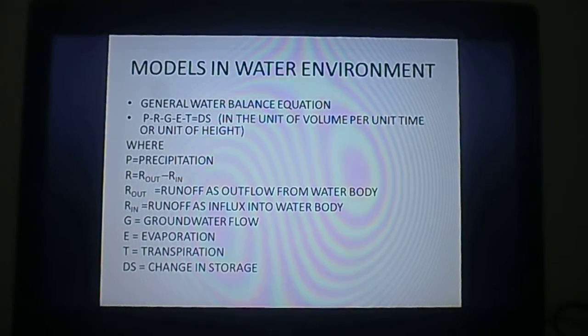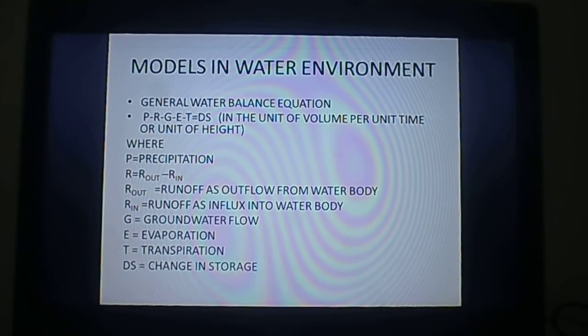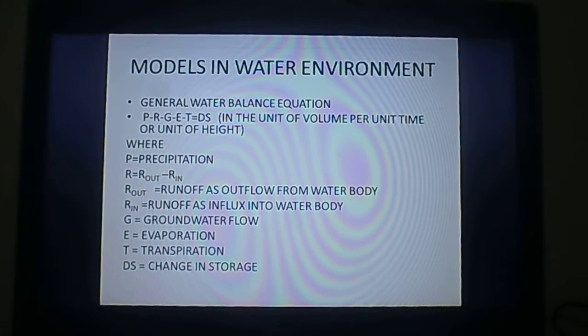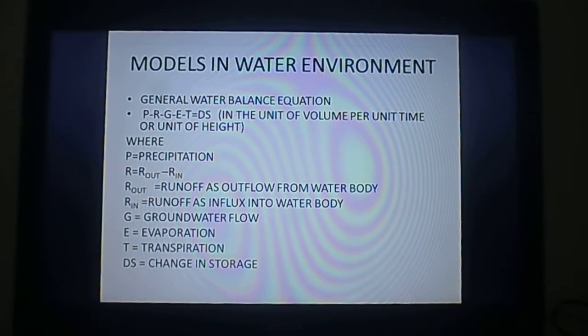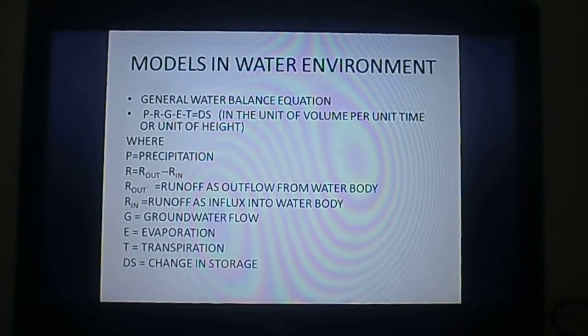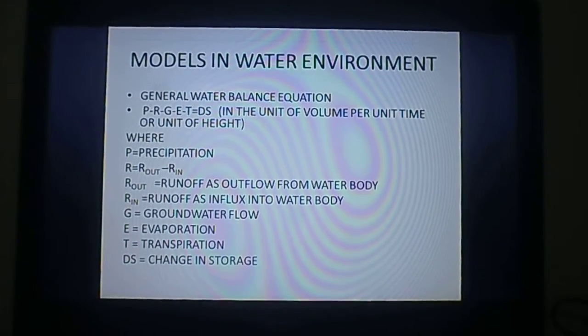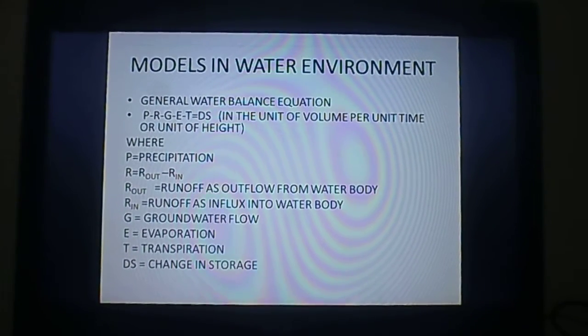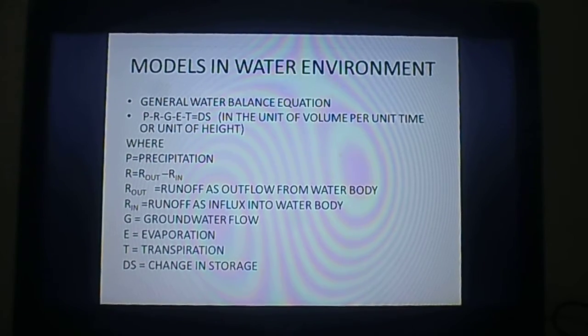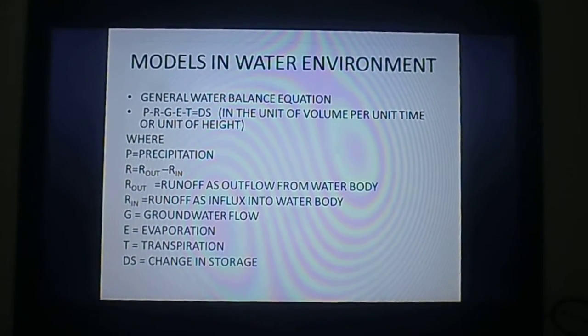Notice that the precipitation may mean inflow. The groundwater flow, evaporation, and transpiration are with negative at the left side of the equation.